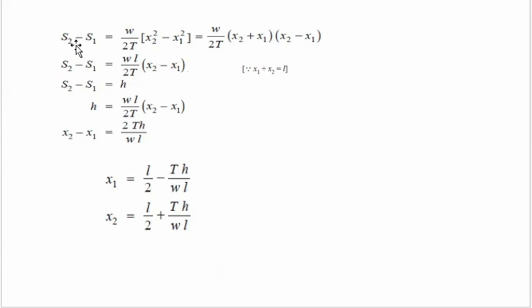If we subtract S1 from S2, then we have this equation, and if we solve this equation, H is equal to WL divided by 2T into H2 minus H1. Here H is equal to S2 minus S1.